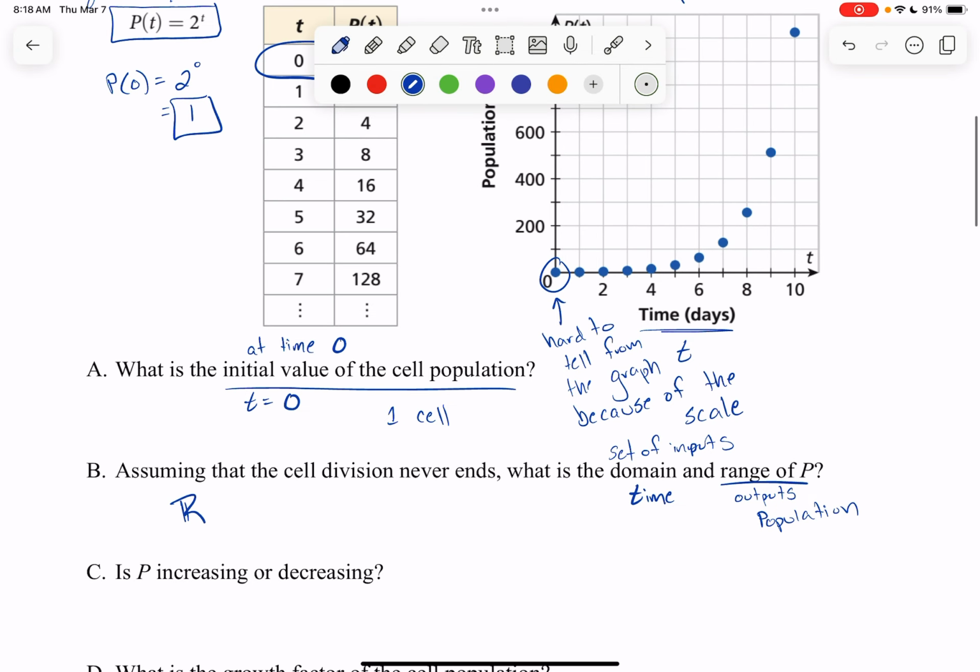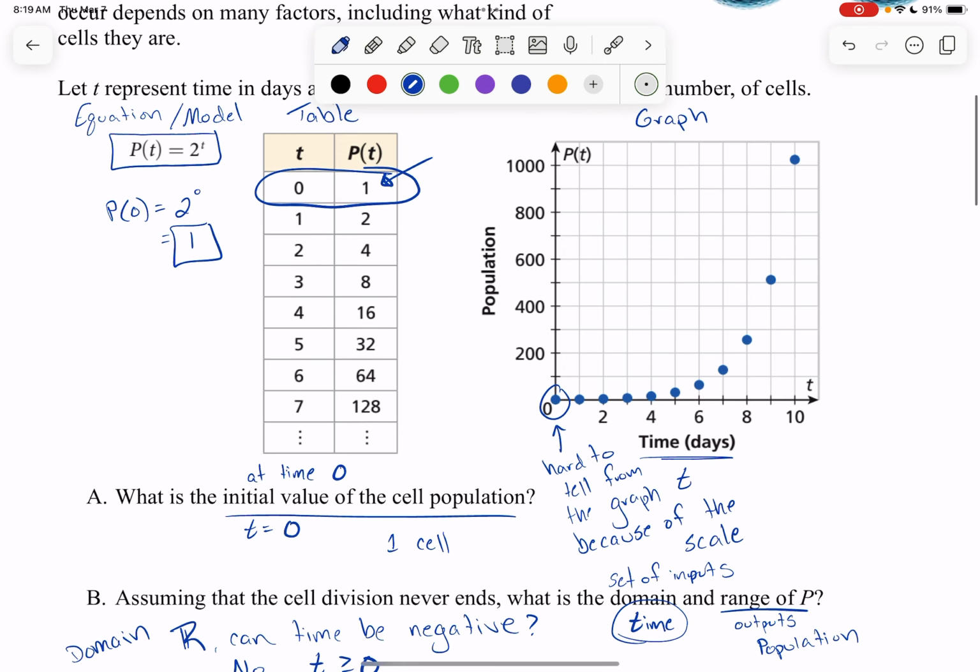But we have to consider that the domain is time. Can time be negative? No. So my domain would only be the positive numbers. My T would have to be greater than or equal to 0, because I can have a time of 0.